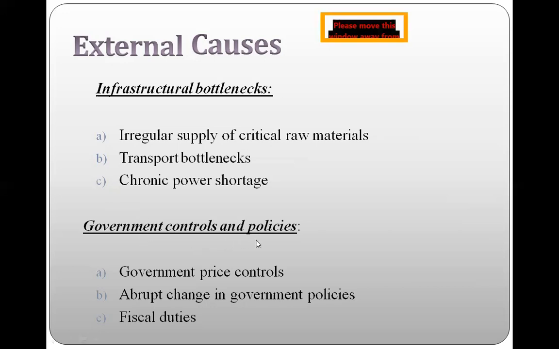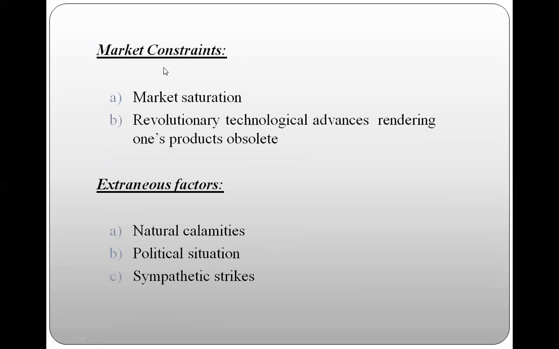Next is government control and policies: government pricing control, abrupt changes in government policies. Again and again the changes are happening, and that too very strange changes, and fiscal duties. Next are the market constraints. Market saturation: the market is in a saturation position. So that's why the products are not being properly marketed and sold in the market.